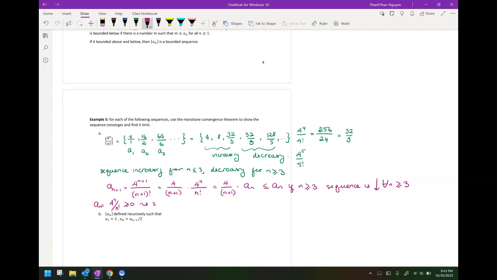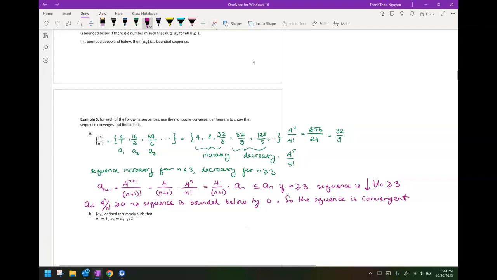So this means the sequence is bounded below by 0 for all n. Okay. So this means the sequence is convergent. So let's go ahead and find the limit.